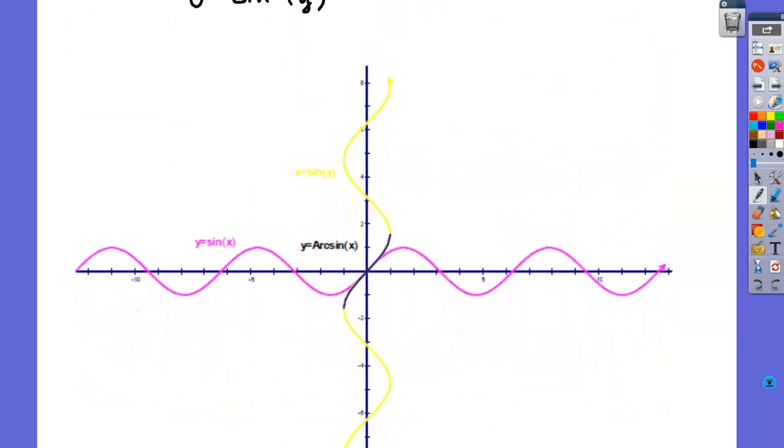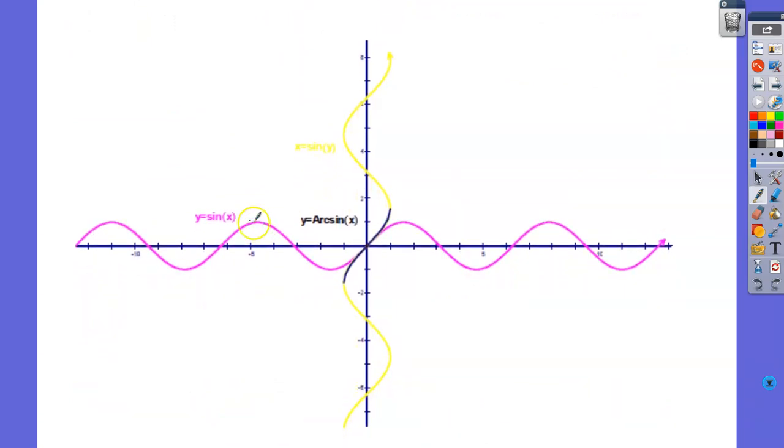So the pink graph that I have here is the original sine. If I were to graph sine inverse, that's the yellow graph, right? All I did, guys, remember, to graph the inverse, I literally switch x and y's places. So this is sine inverse.